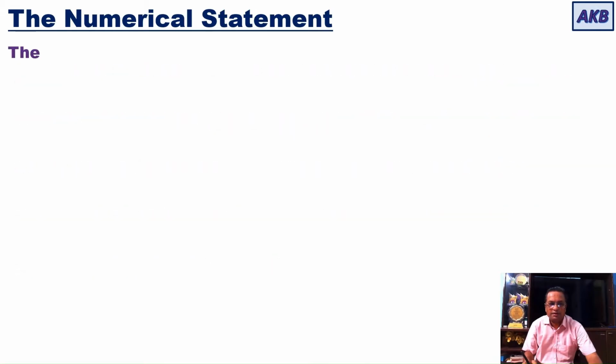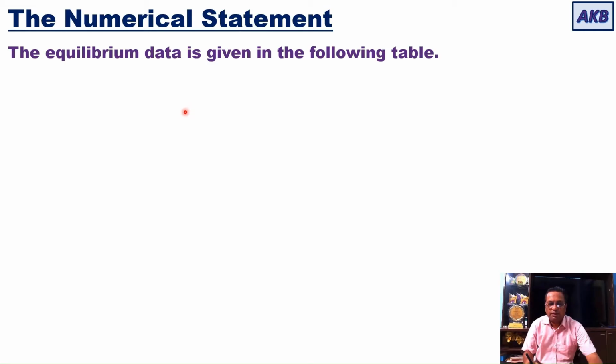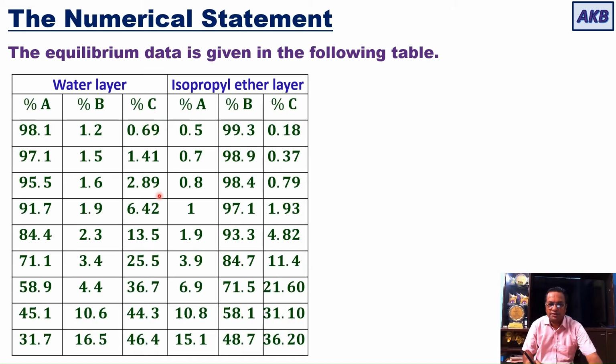And we have been provided with the equilibrium data. The equilibrium data is given in this table. You have water layer, which is in equilibrium with isopropyl ether layer, and in each layer the percentage weight of the three components.